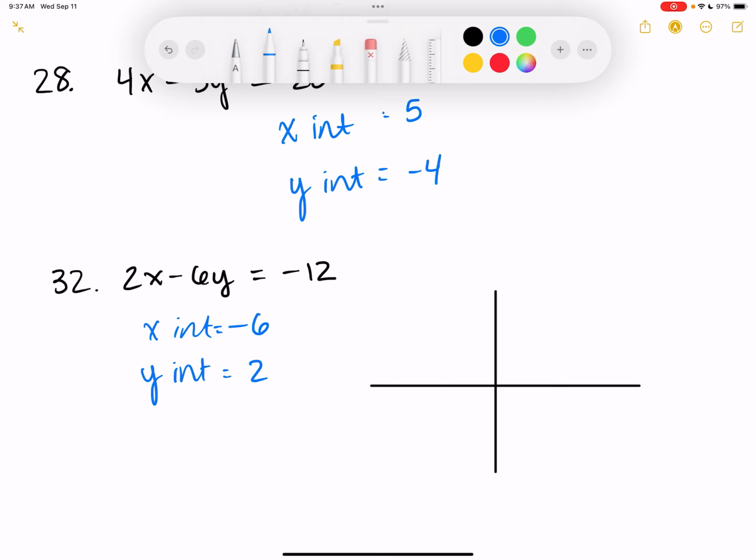So I'm going to set up my graph. When I've found my intercepts, I just plot those points on the graph. At x equals negative 6 and y equals 2, and then connect the dots.